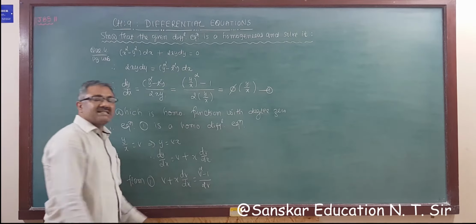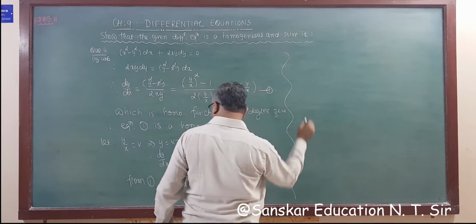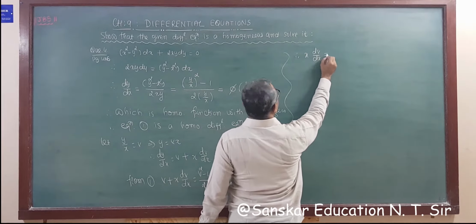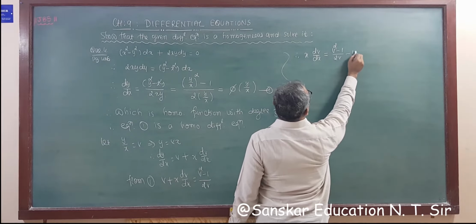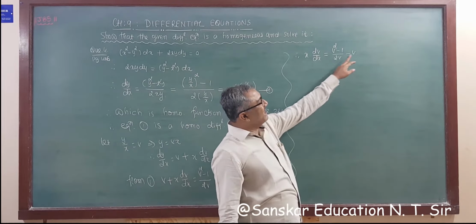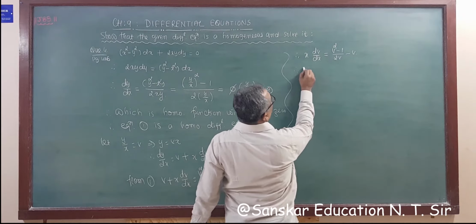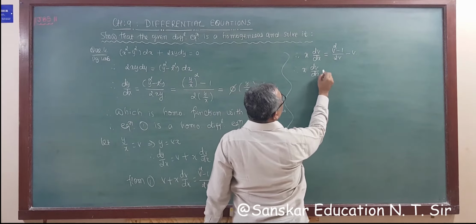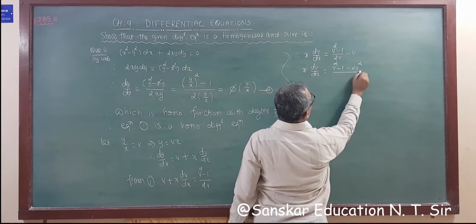For changing this equation into variable separable form, taking v to the right hand side, x dv by dx is equal to (v square minus 1) upon twice v minus v, that is (v square minus 1 minus 2v square) upon twice v.